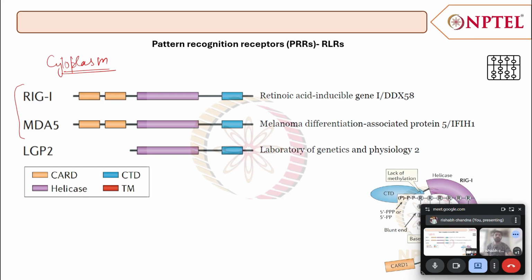So why are these present in the cytoplasm? Because whenever a viral particle enters, for example, this virus infecting this particular cell, it will release its genetic material into the cell.